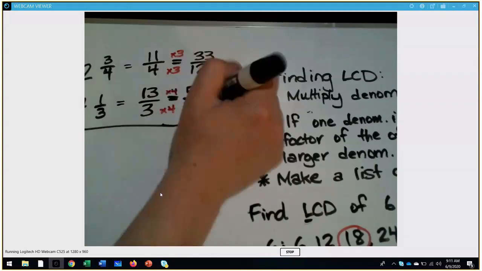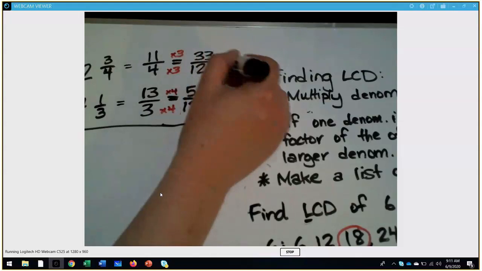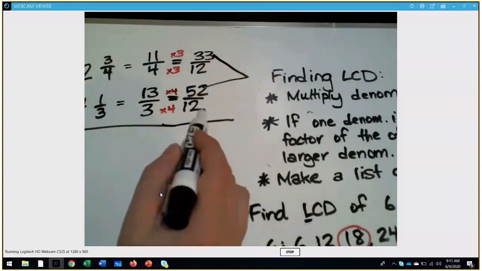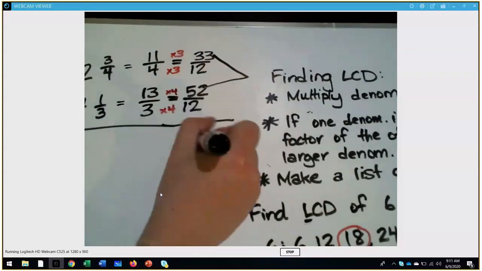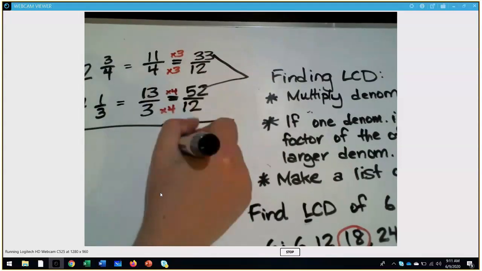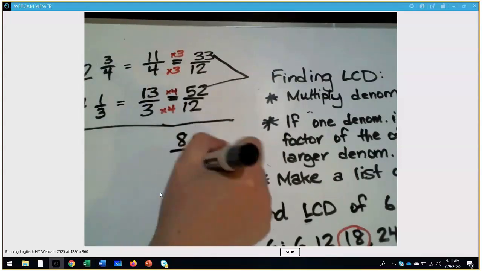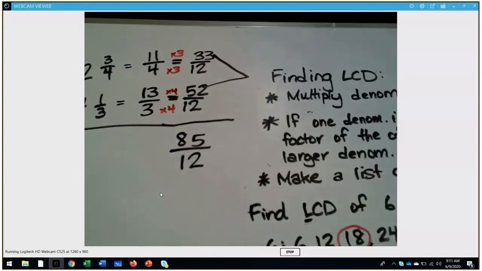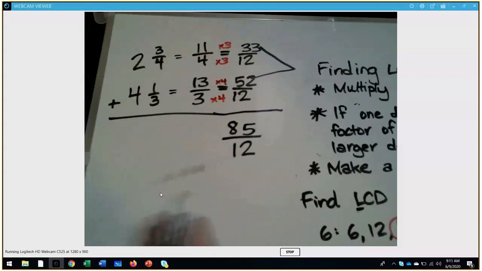So now that our denominators match and our numerators are equivalent, we add the numerators. So let's see, 5, and that's an 8. And that one's essentially done. Something else will simplify that. Oops. But we could convert this. So let's do that last step.